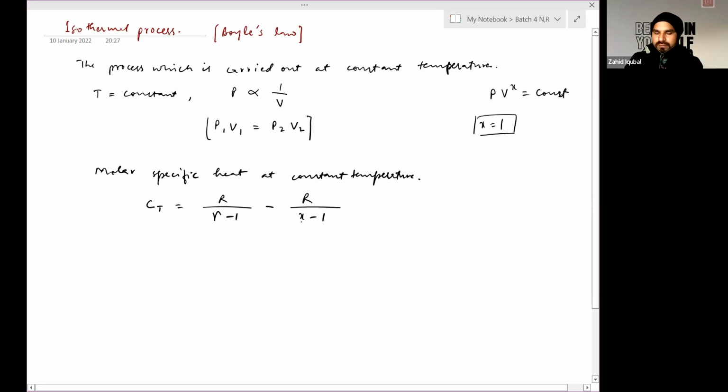If you put the value of x as 1, then 1 minus 1 is 0, and any number divided by 0 will be infinite. So it will be infinity in this case. It means it will require an infinite amount of heat to change the temperature of this particular system, or simply say it will be impossible since temperature is constant.